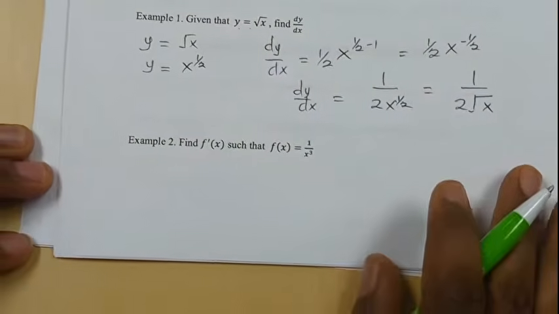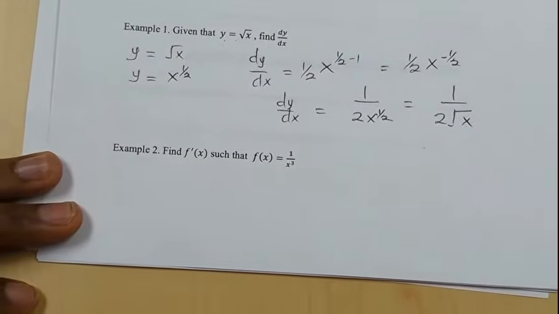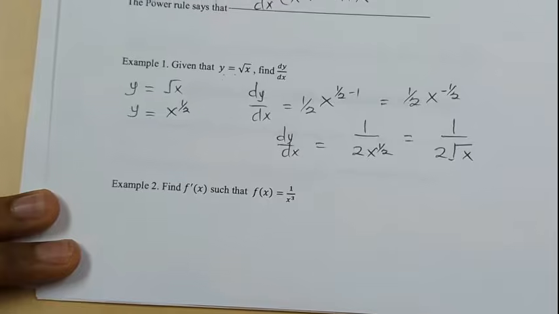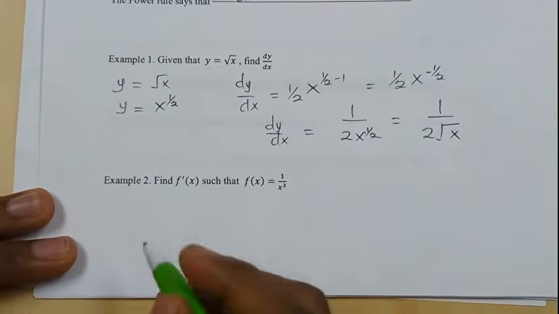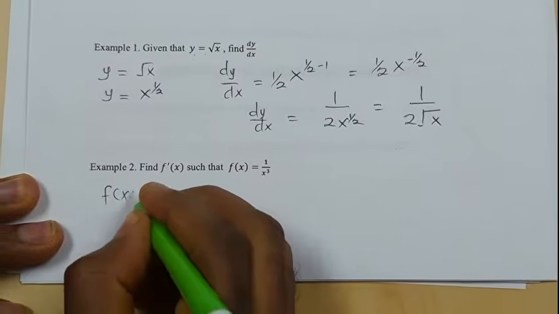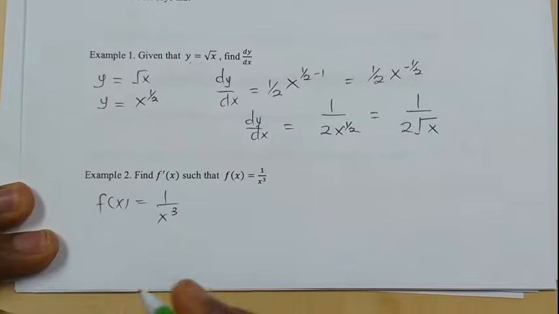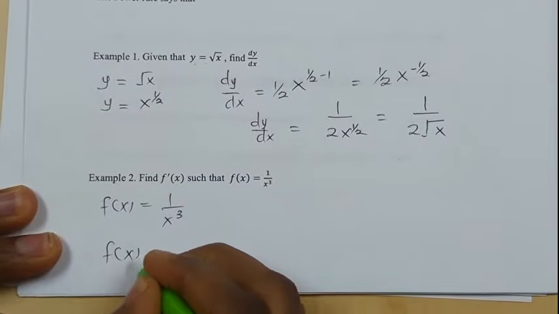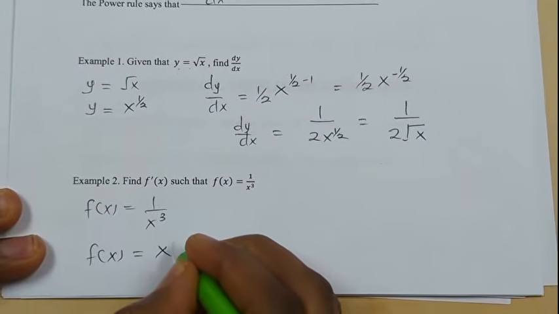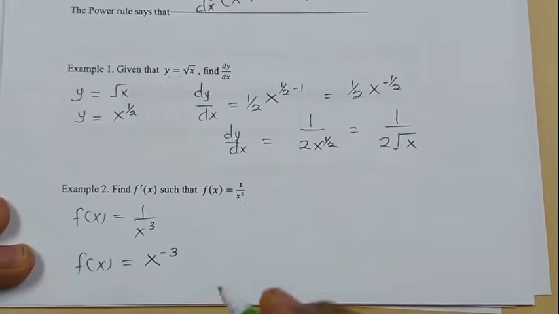So let's look at our second example. If we have a function f of x equal to 1 over x cubed, and we are asked to find the derivative, that's f prime of x. So using the power rule, remember f of x is equal to 1 over x exponent 3. We can rewrite this function as f of x equal to x exponent negative 3 using the properties of indices.